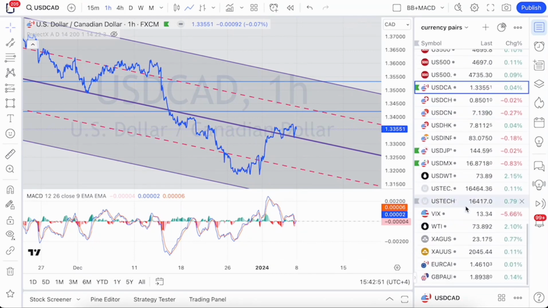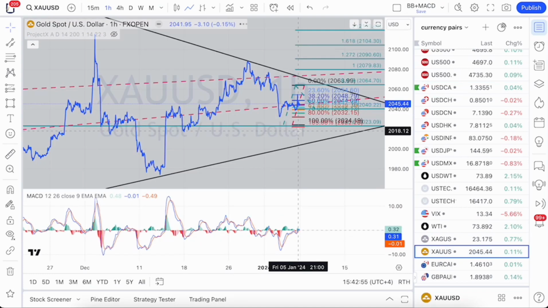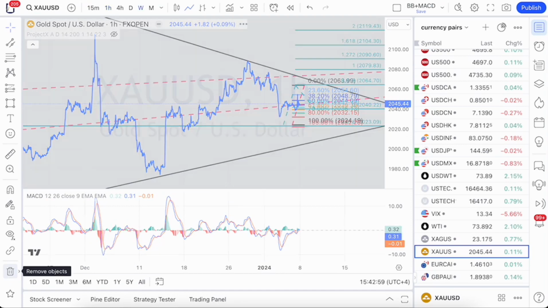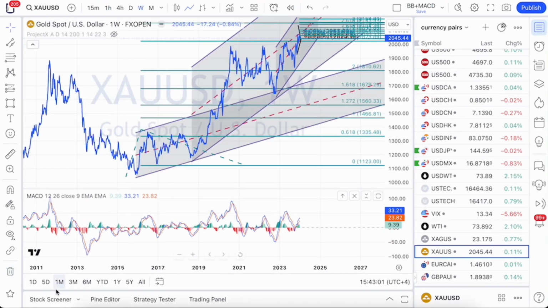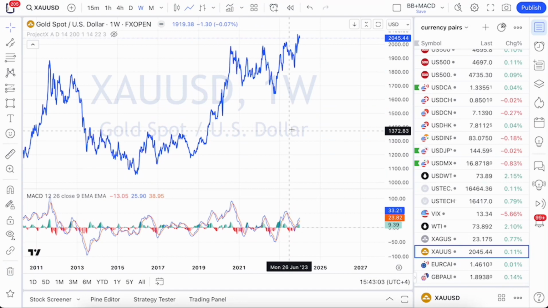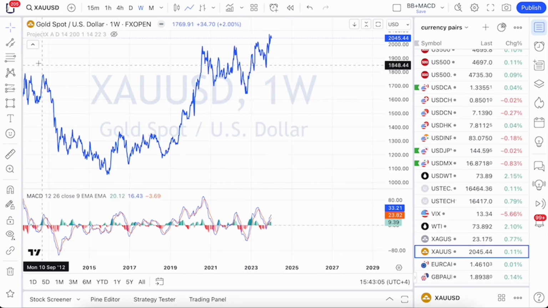And the next instrument is gold. Now this is the weekly chart, and I'm drawing the rising channel here based on the price pattern. So this is the low, higher low, higher low, higher low, higher low, which was broken once, and then we got new higher lows.